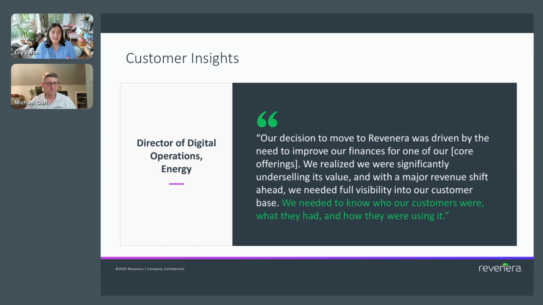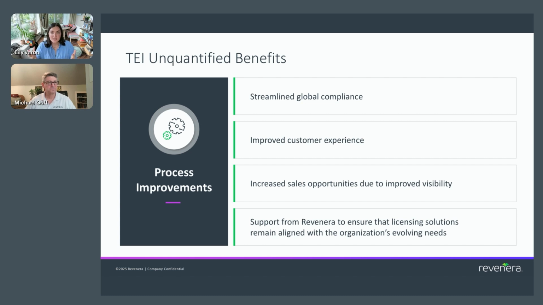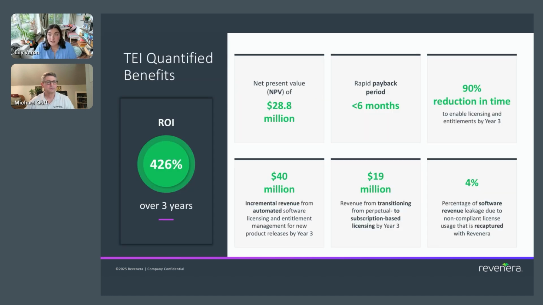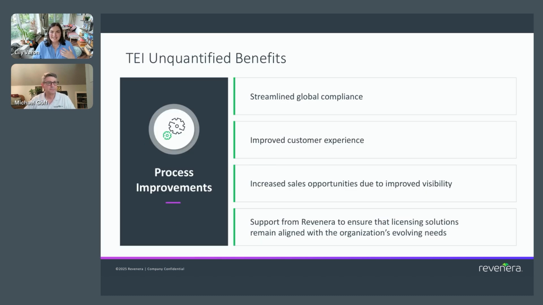Yeah, one last thought, which is, I think in the beautiful results of the study, bringing together the quantified benefits and the unquantified benefits, that to go back to what I was saying earlier, that enable not only increased go-to-market speed and reduced payback time and reduced revenue leakage and things like this, but there's also that piece of maintaining or streamlining compliance, better control, better visibility, serving the software sellers' need to experiment, to launch new things, to get out there, to know what to launch based on better visibility, and then also maintain and be compliant, and mitigate that risk all at once.